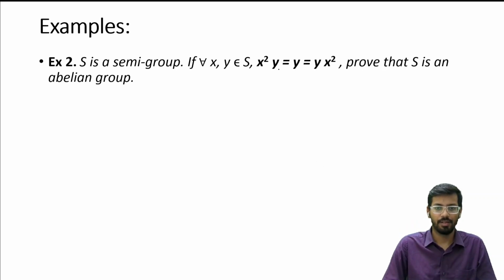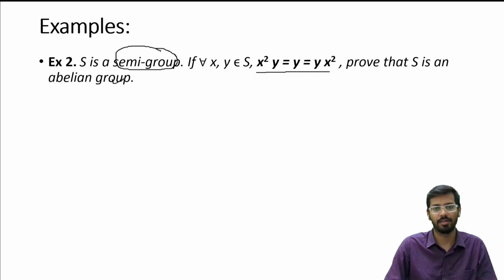So take this equation, and now we have to prove that this is an abelian group. This is true for a semi group. So here a semi group is given with this equation, and we have to prove that this is an abelian group. For abelian, we have to first show that this is a group, then show the commutative property.